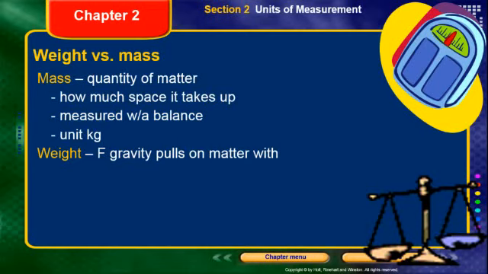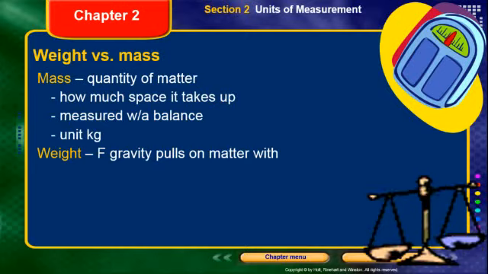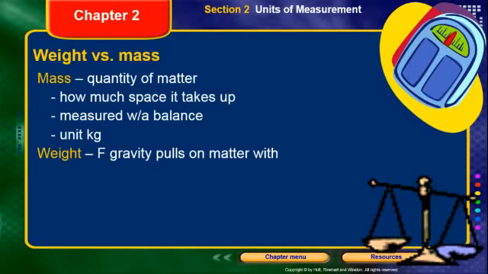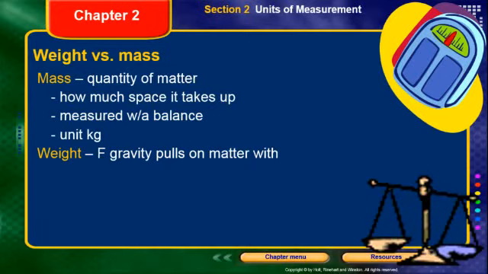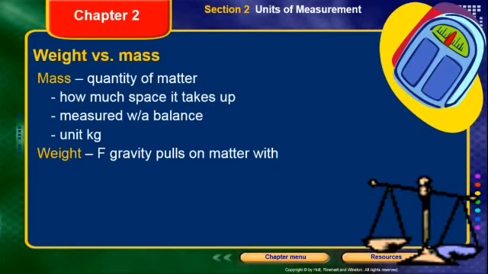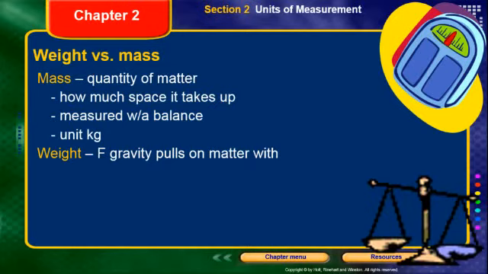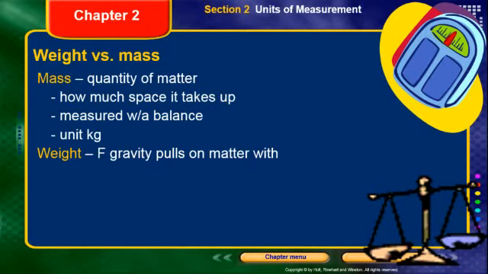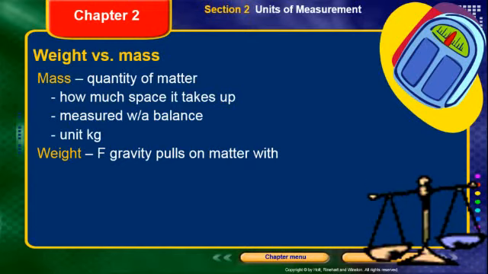that matter. Right? Gravity operates on every single thing that has mass. So the more mass you have, the more gravity pulls on it. So we see a correlation here on Earth, since gravity is essentially always the same strength. As mass goes up, so does weight. But realize, if you're on a different planet with a different force of gravity, your mass will still be the same, even though your weight will be different, because it's how strongly gravity is pulling on that matter.